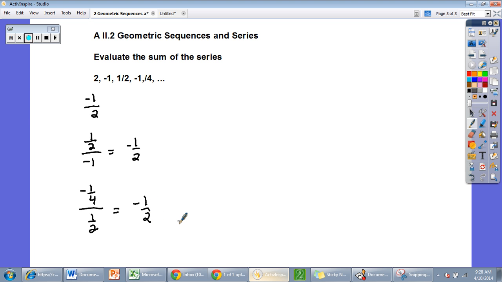So we see that our constant ratio here is -1/2. So you would go to your formula sheet and see that the formula for a geometric series, again, is this. So you put in your first term, which is 2, times your ratio, which is -1/2 to the power of n minus 1.